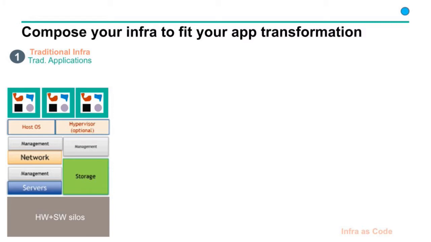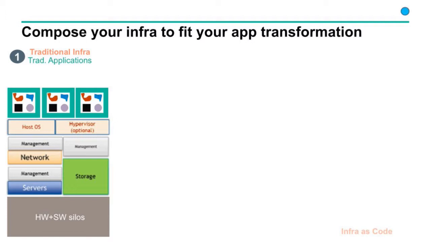In any case, your applications, whether traditional or cloud native, need an actual infrastructure to run. So this transformation doesn't occur in one day. We still have today traditional silos with dedicated hardware to run your applications in a guaranteed manner.